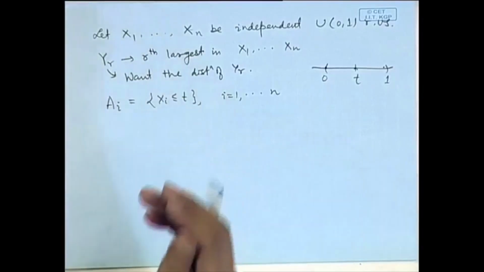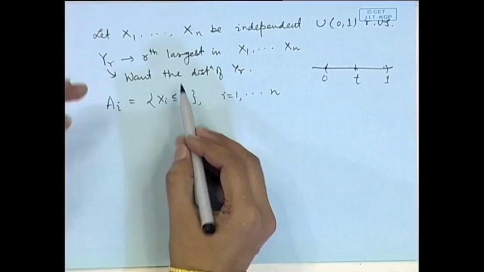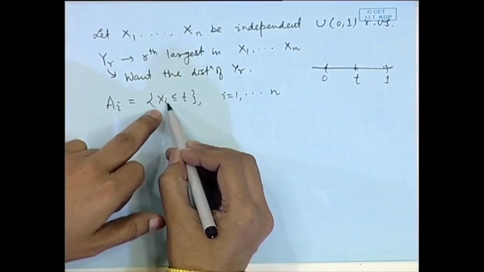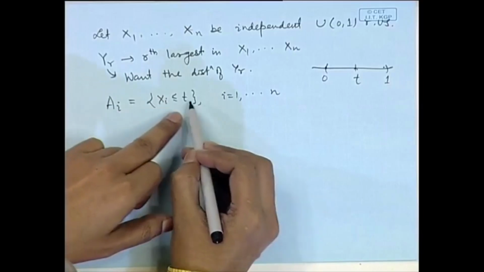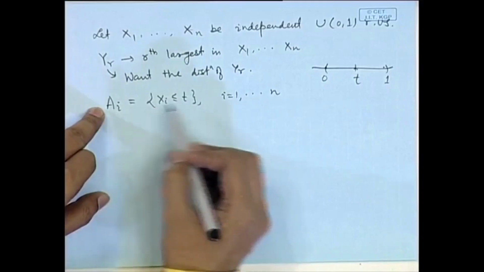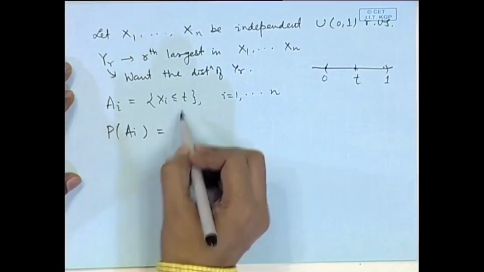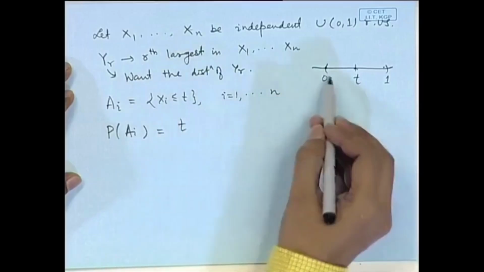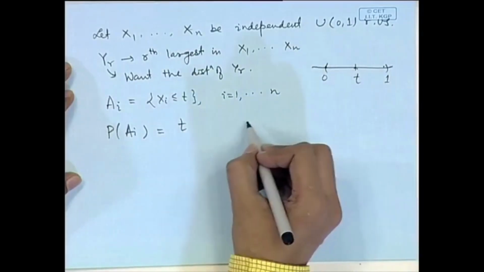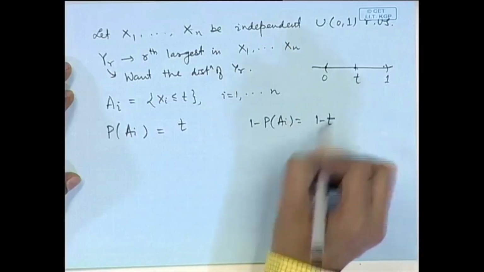So, observing x 1, x 2, ..., x n denotes a sequence of Bernoulli trials, because each x i may satisfy x i less than or equal to t, or it may not satisfy. That means A i may happen or may not happen. And what is the probability of A i? That is t, where t is a number between 0 and 1. So, 1 minus the probability of A i is 1 minus t.